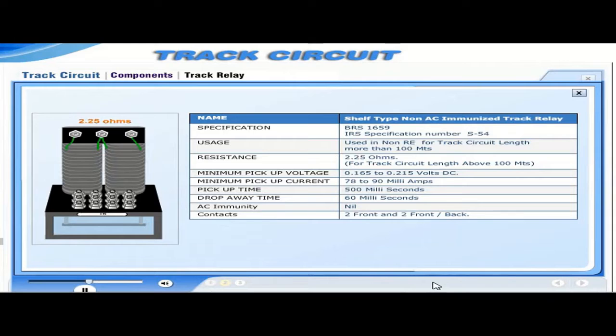Minimum pickup voltage is 0.165 to 0.215 volts DC. Minimum pickup current is 78 to 90 milliamperes. Pickup time is 500 milliseconds and drop away time is 60 milliseconds. AC immunity, nil. Contacts: 2 front and 2 front or back.